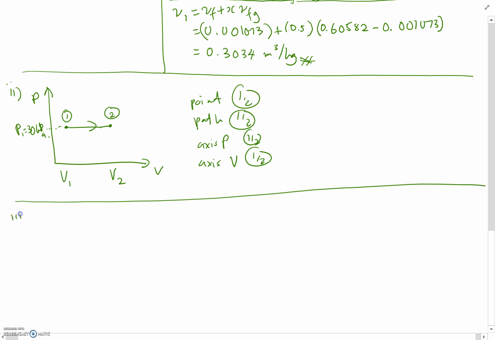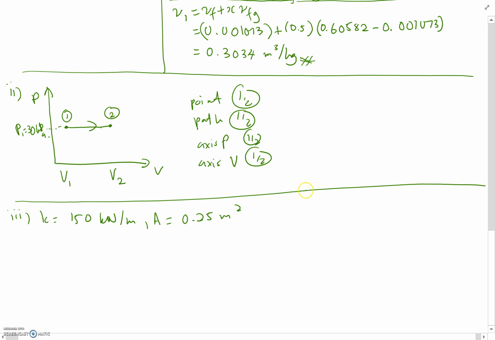Okay. So for the spring loaded, we have K equals 150 kilonewton per meter and A equals 0.25 meter square.